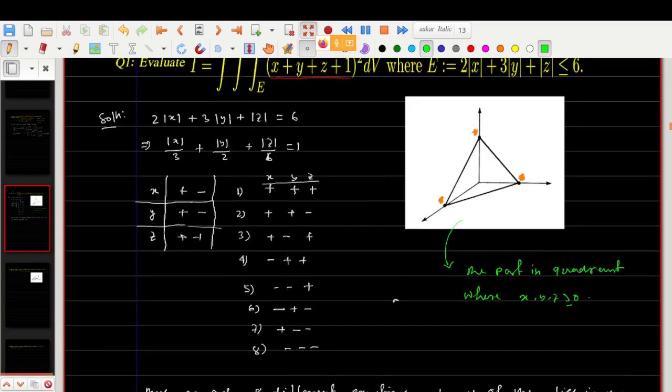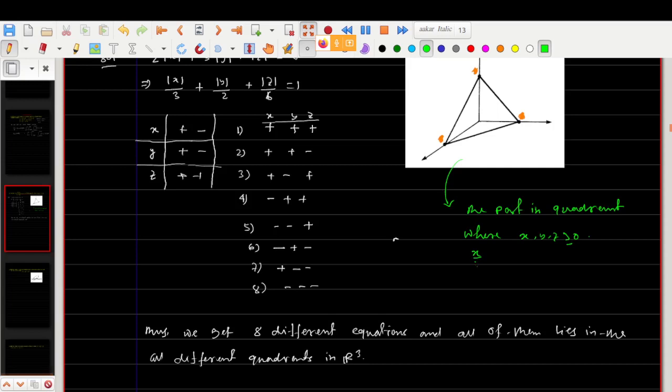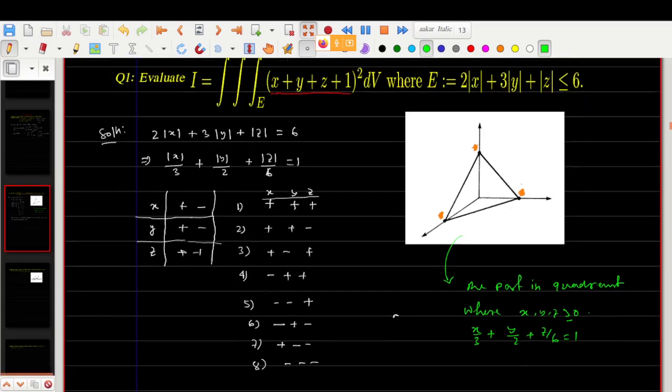So in this case the equation is nothing but x by 3, because y is positive, y by 2 plus z by 6 equals 1. Okay, that will not be 3, this will be 6.